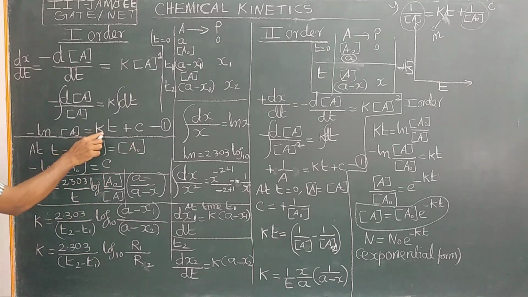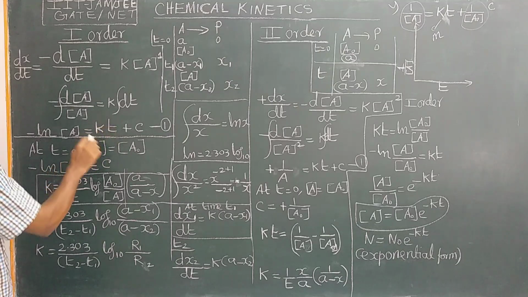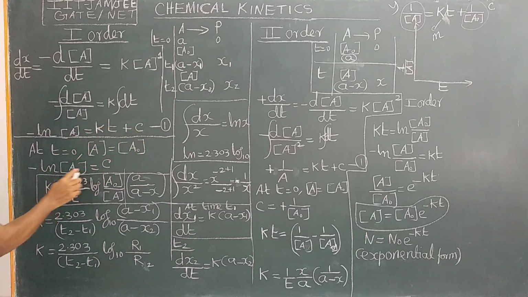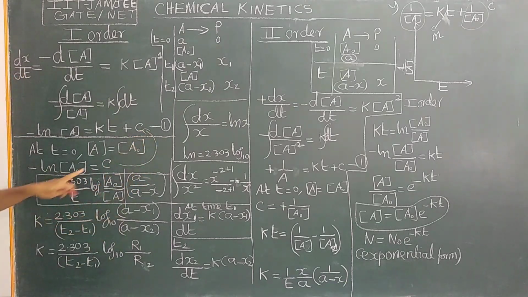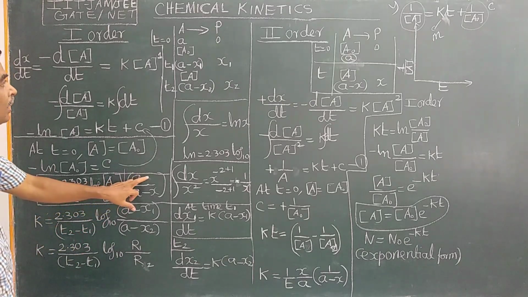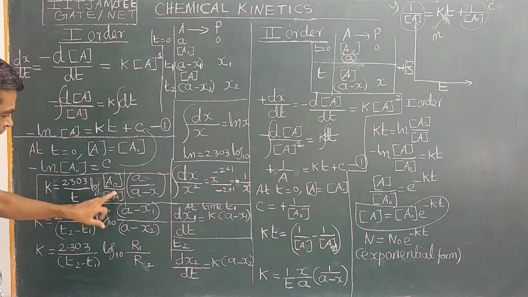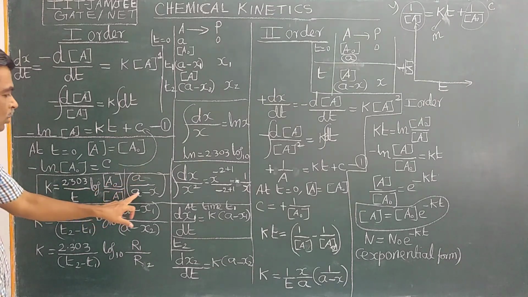You substitute here: minus ln A0 equals K into 0 plus C, therefore C equals minus ln A0. Substituting this in expression 1 and rearranging, you will get K equal to 2.303 divided by t log A0 by concentration of A, where A0 equals A, and concentration of A equals A minus X.